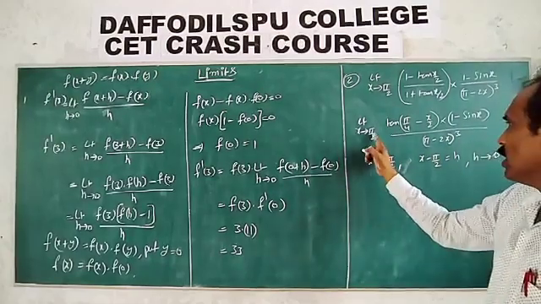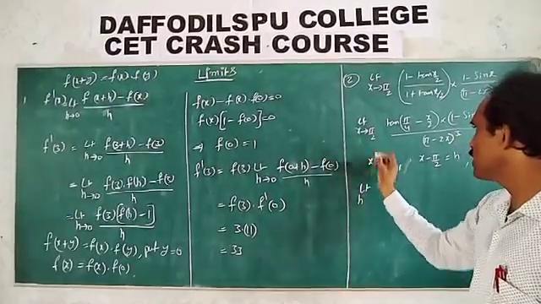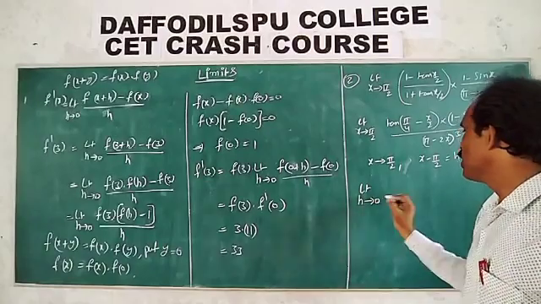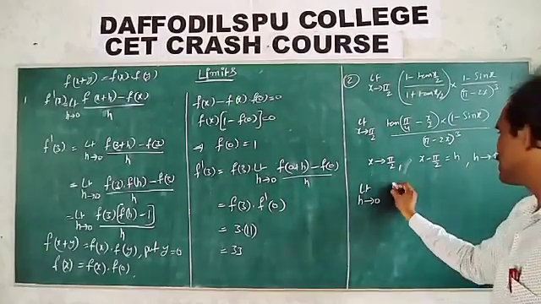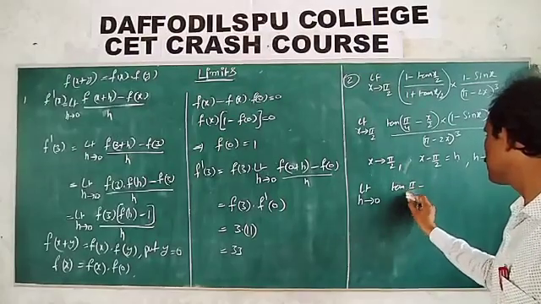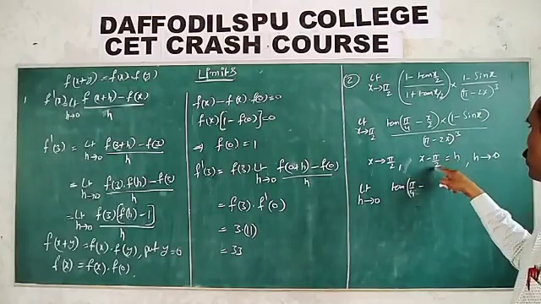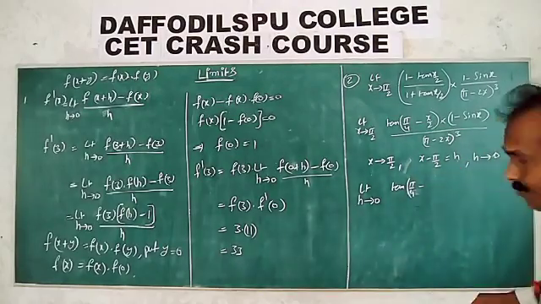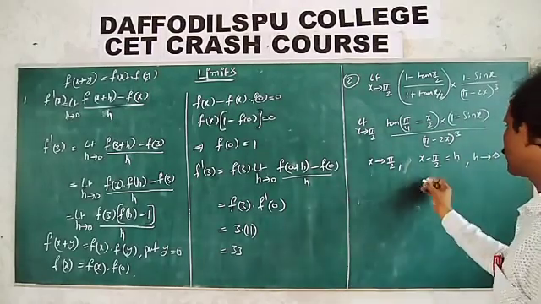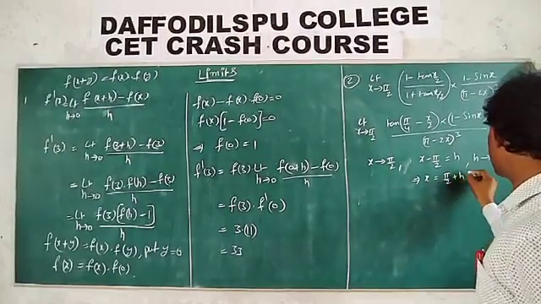So in place of x minus pi by 2, take h, where h tends to 0. This implies x is equal to pi by 2 plus h. Okay, clear?